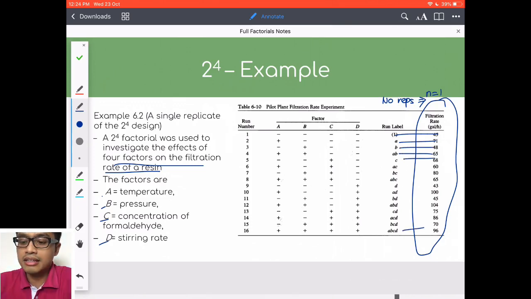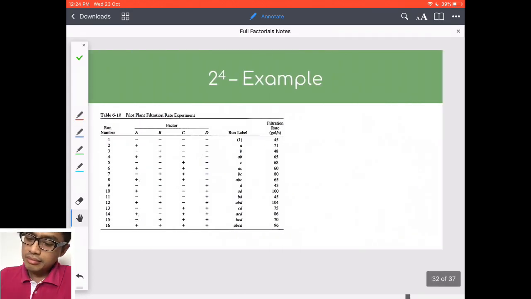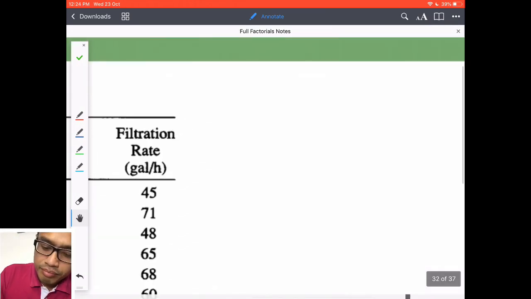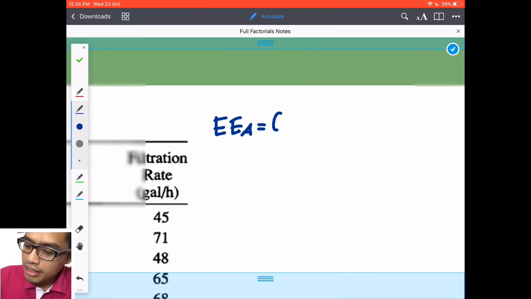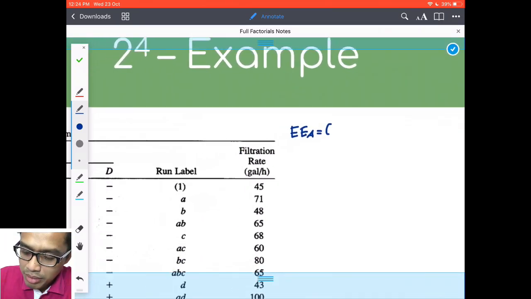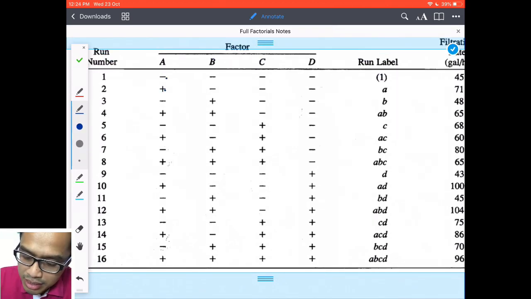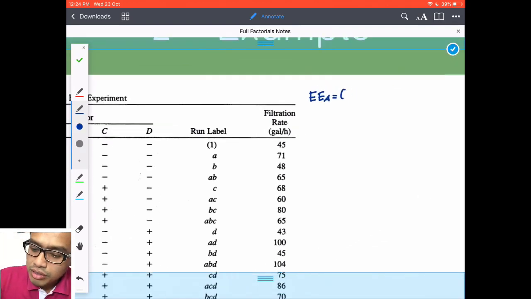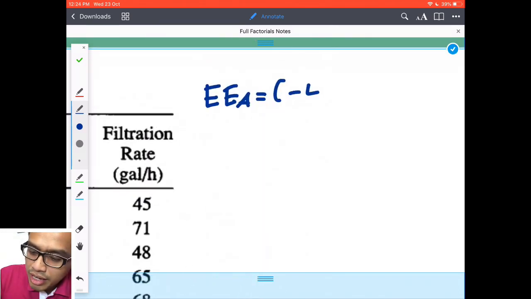For your easy calculation. Okay, assuming that you're going to calculate this in exams, I'll just take one, yeah? Maybe I am going to do the effect of A in a bracket. So, I believe we begin with minus, plus until there. So easy to do. So, bracket 1 is minus, so negative 45.